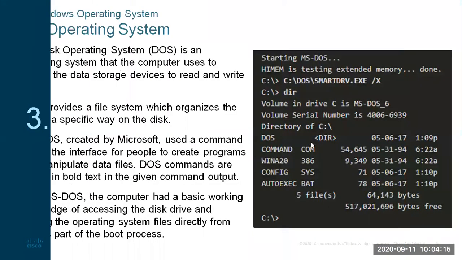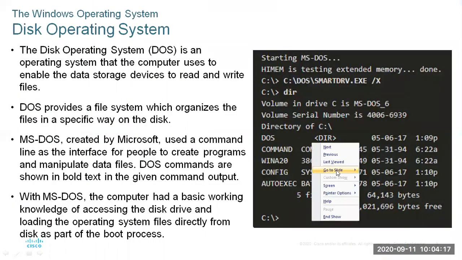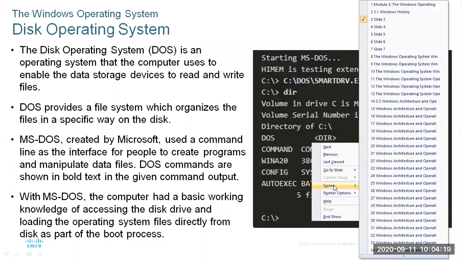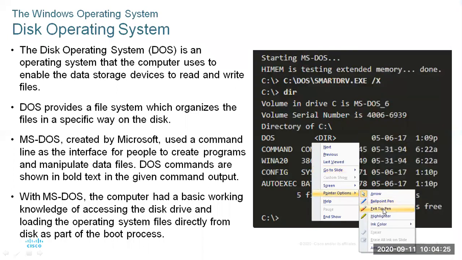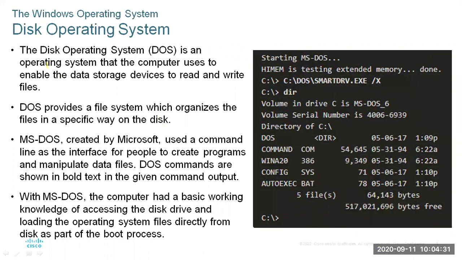So today basically we'll be looking at Windows, and in Windows we're starting with the DOS operating system. Disk operating system. We said the disk operating system is an operating system that the computer uses to enable the data storage devices to read and write files.